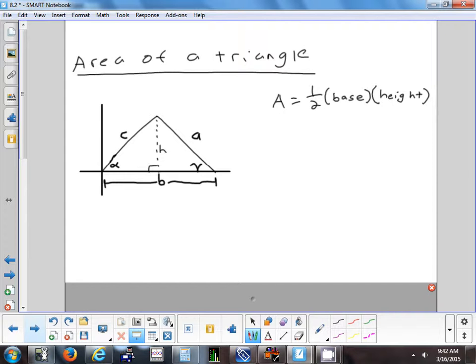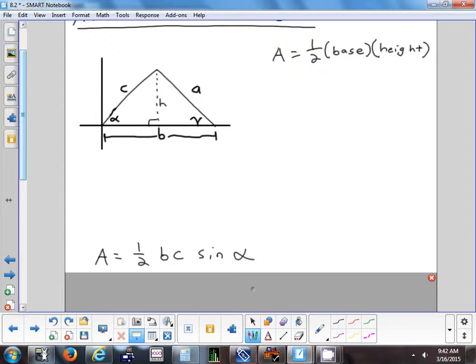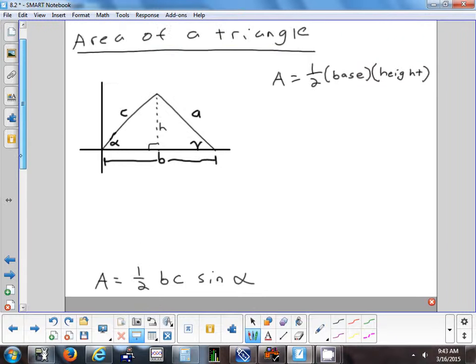Well, using the law of cosines, we can come up with that formula for the area of a triangle. For this one, I am not going to go through the proof. If you want to see it, it is in the book, but we're going to hold off on the proof.